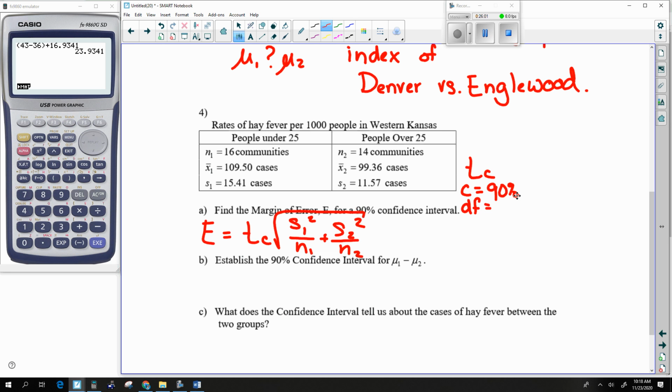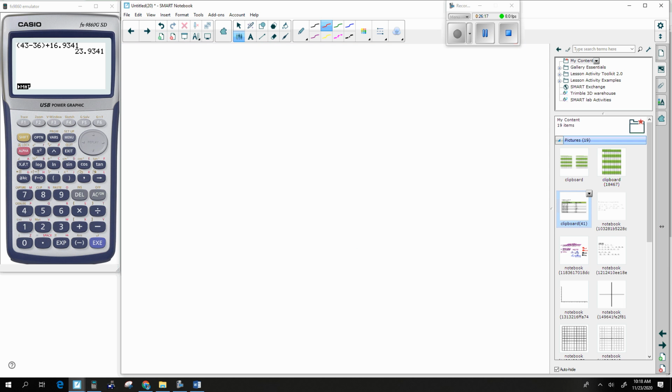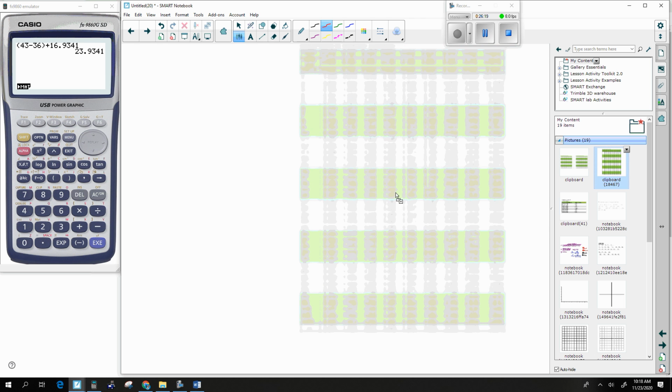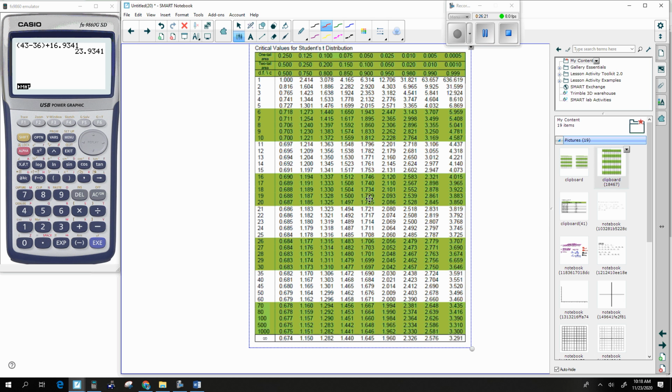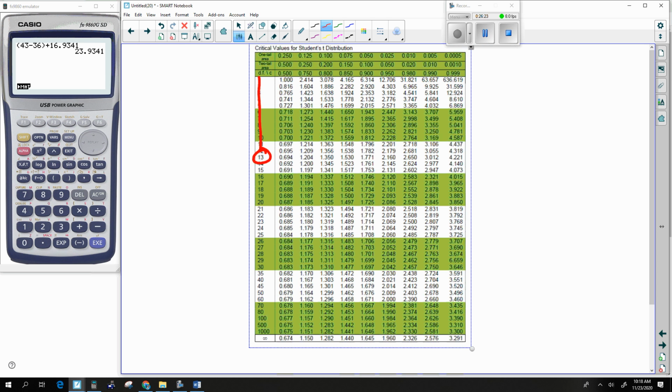The smaller of the two Ns is 14, so my degree of freedom is 13. So degree of freedom of 13 at 90% gives 1.771.